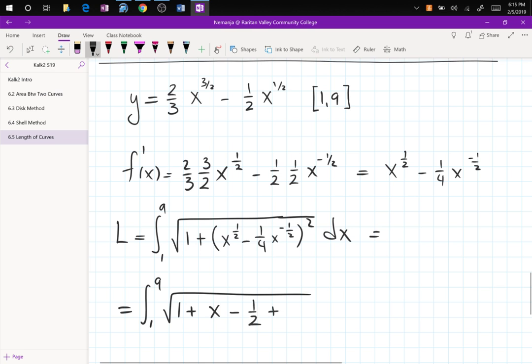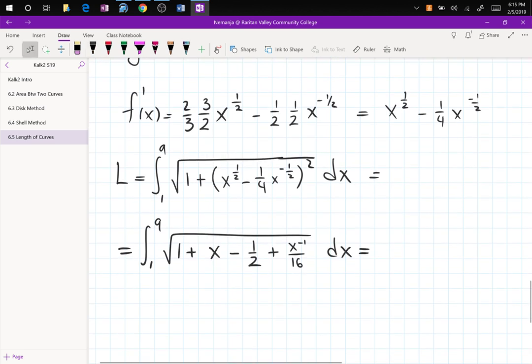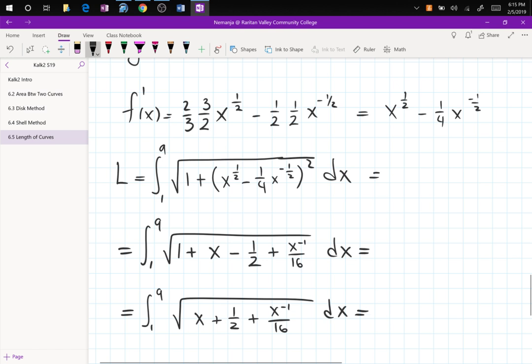And then plus 1 over 16, x to the negative 1 over 16. Good effort. So now we have integral 1 to 9, square root of, when we combine, we get positive 1/2 plus x to the minus 1 over 16 dx.